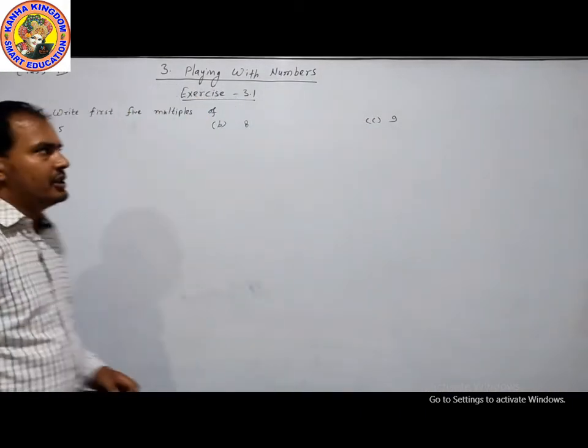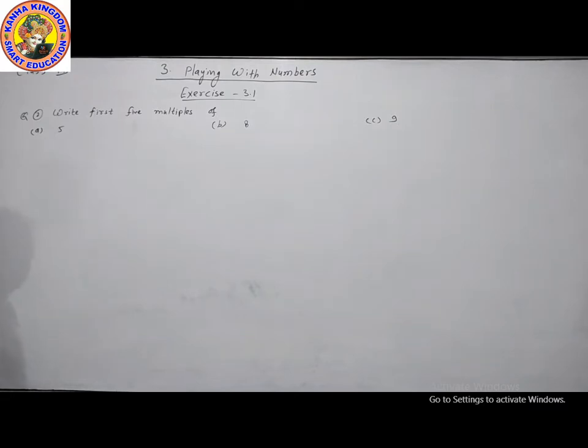Our next question is question number 2. Write the first 5 multiples of these. What are multiples? Multiples are our table.